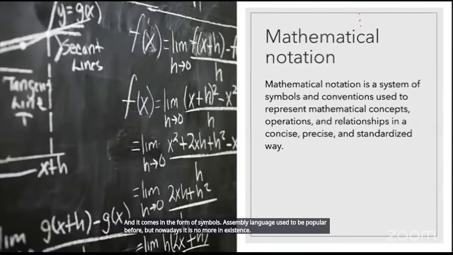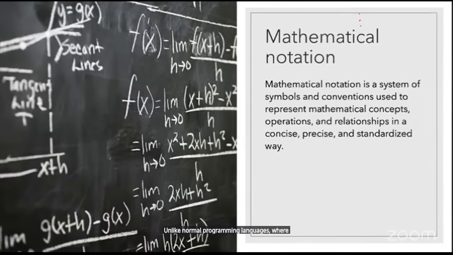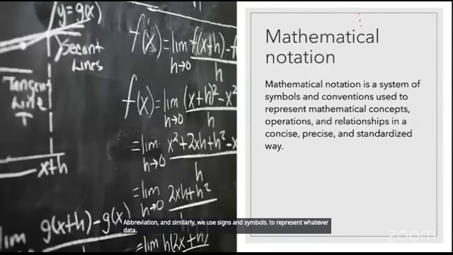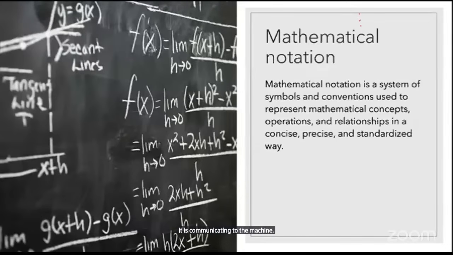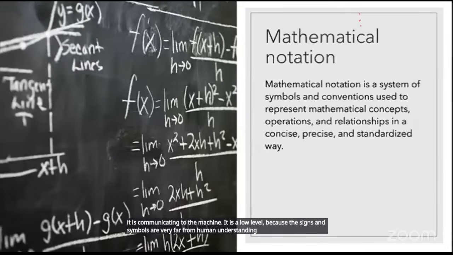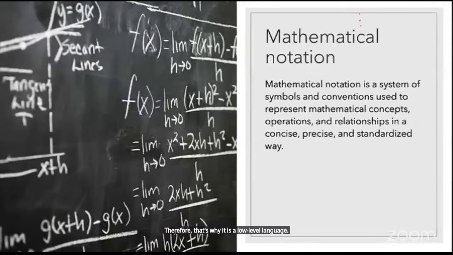Unlike normal programming languages where you write some code, some short abbreviation, assembly language uses signs and symbols to represent whatever data it is communicating to the machine. It is low level because the signs and symbols are very far from human understanding. You will not see signs and symbols and understand what is being communicated. Therefore, that's why it is a low-level language. I hope that is clear.